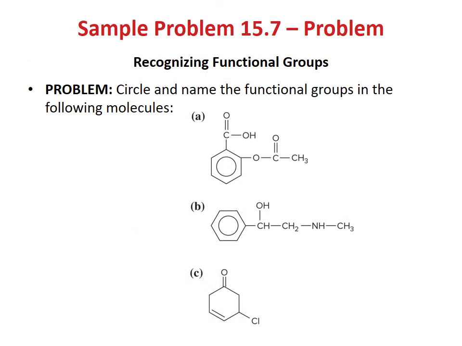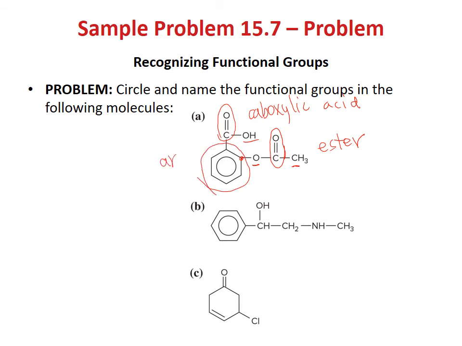Sample problem 15.7. Circle and name the functional groups in the following molecules. A. Here is a carbonyl group with a hydroxy. So that's a carboxylic acid. Another carbonyl group, one side carbon, one side oxygen with a carbon. So that's an ester. Here you have a benzene ring, an aromatic compound.